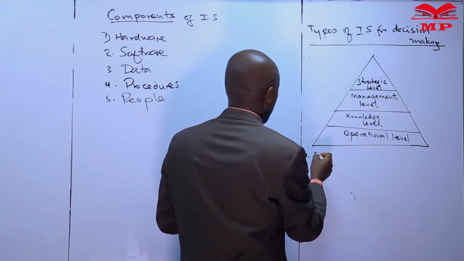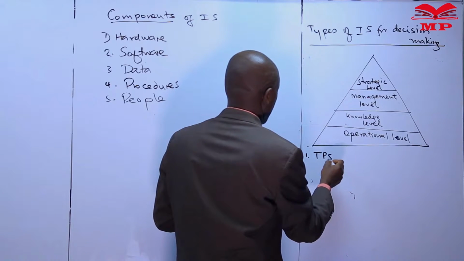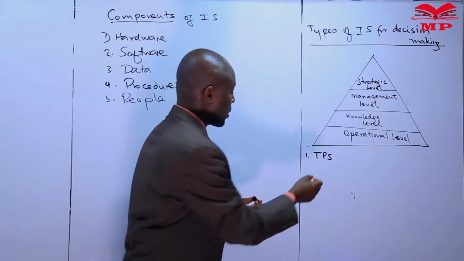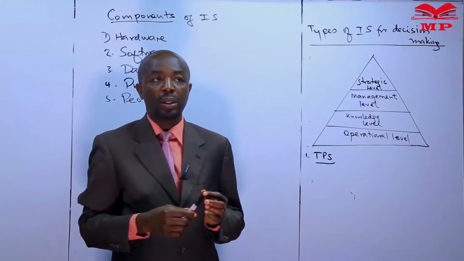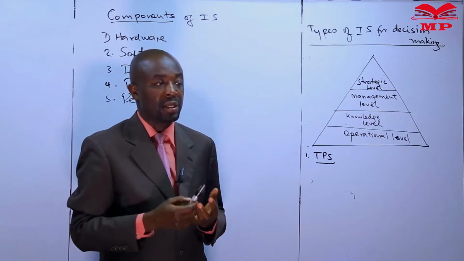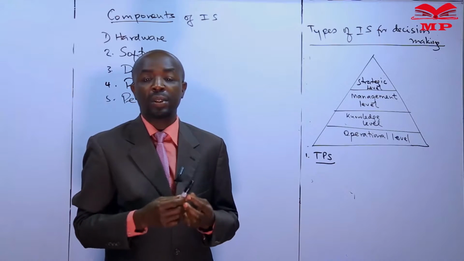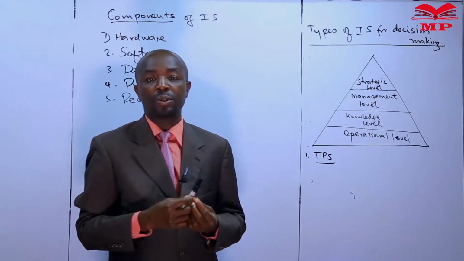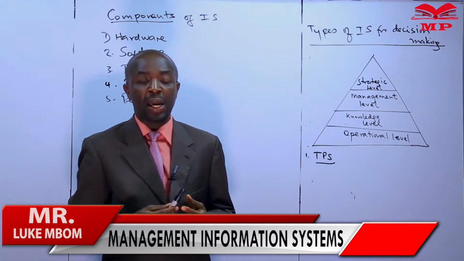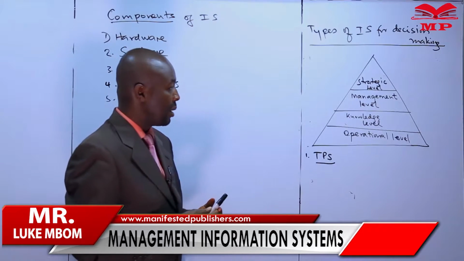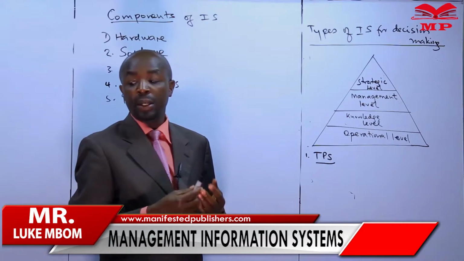One is called transaction processing systems. That's the first information system that we will talk about. Now, a transaction is a series of activities or an activity that is carried out in an organization to help the organization achieve its objective. The TPS is an information system that supports routine decision making.